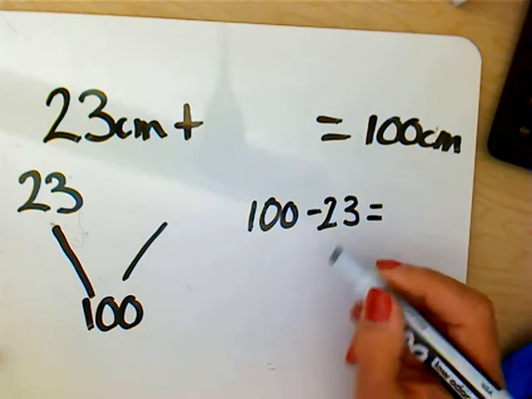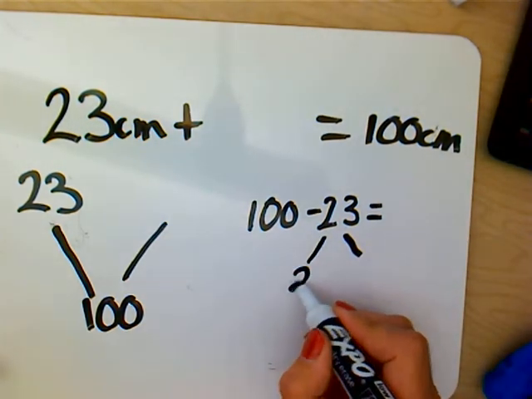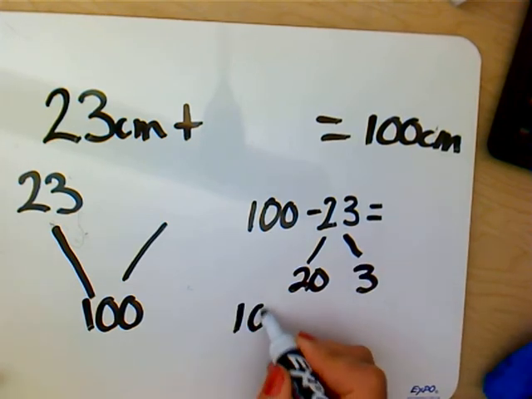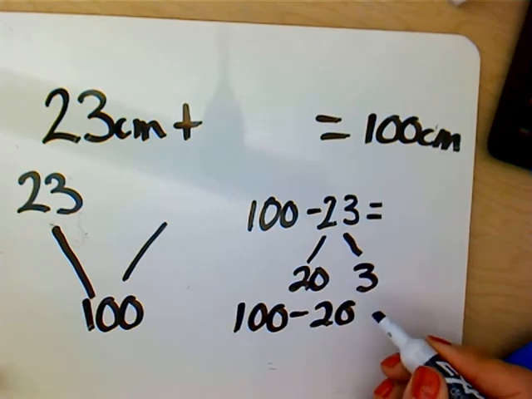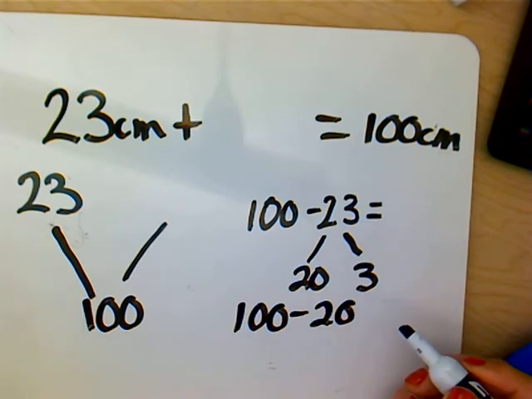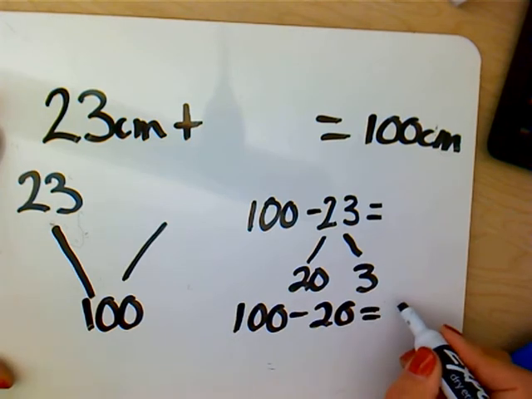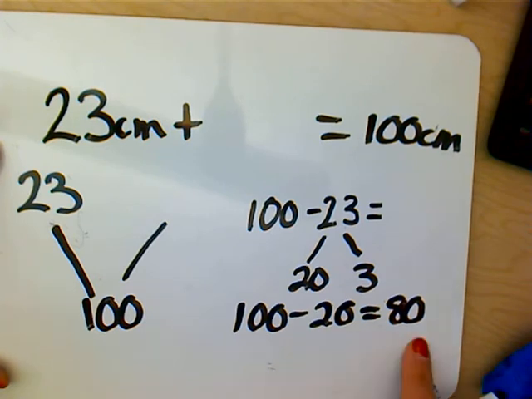Now, I think if I break this number apart into numbers that are easier to work with, like 20 and 3, I can say 100 take away 20 gives me 80.